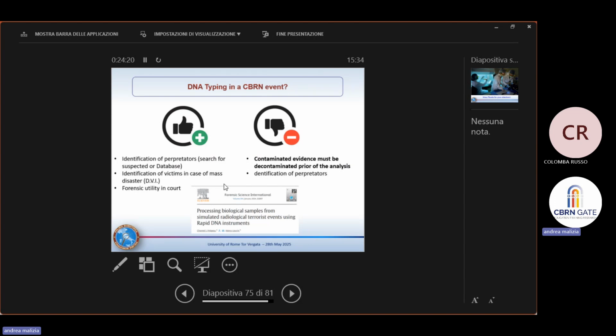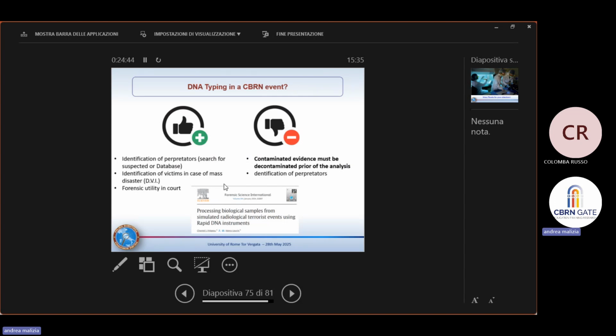The case of Luminol as well. So these aspects can be considered, and also the contamination phase must be considered in case of a CBRN event.